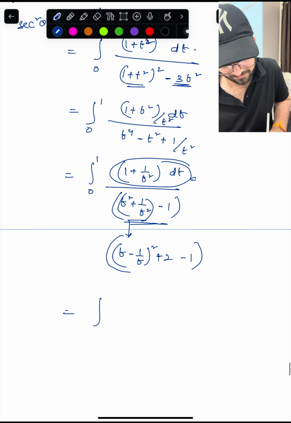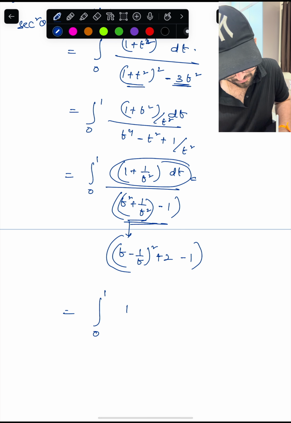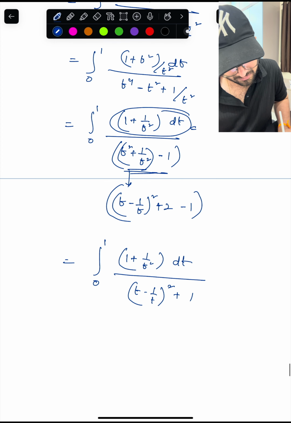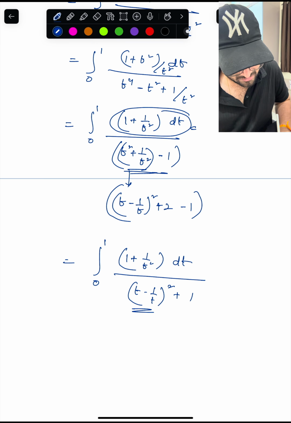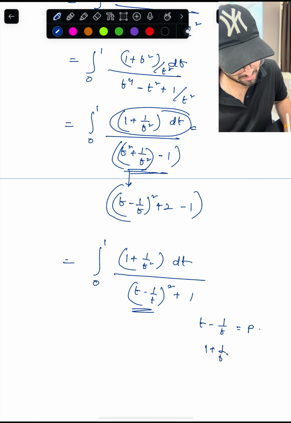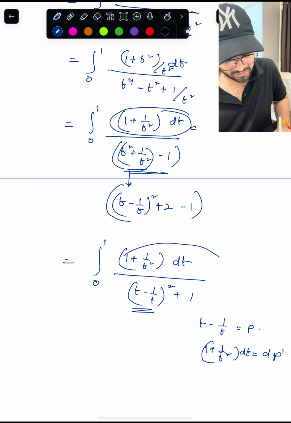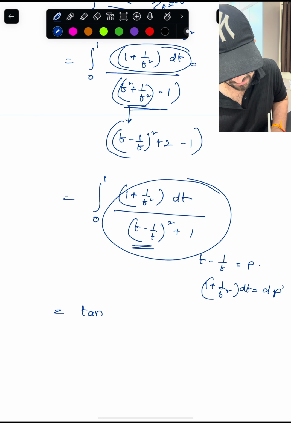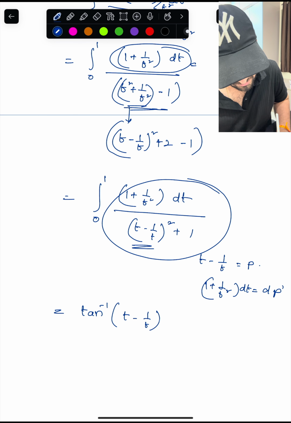So the final thing is the integral from 0 to 1 of 1 plus 1 by t square dt by t minus 1 by t whole square plus 1. Consider t minus 1 by t as p, then 1 plus 1 by t square dt is dp. It is of the form dp by 1 plus p square, which is nothing but tan inverse of p.